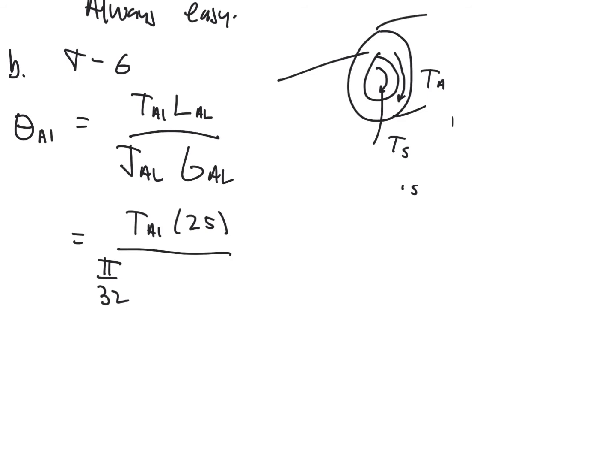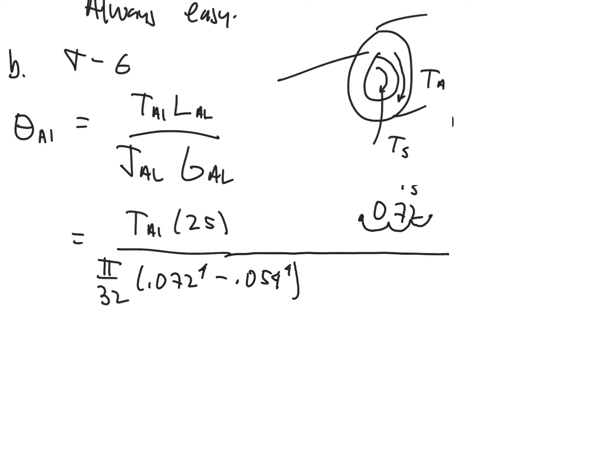If it's 72 millimeters, that's 0.072 to the fourth, the outer diameter, minus 0.054, the inner diameter, to the fourth. So that's our value of J. I've got to keep going on this one, divided by the G value of the aluminum, and that's going to be 27.